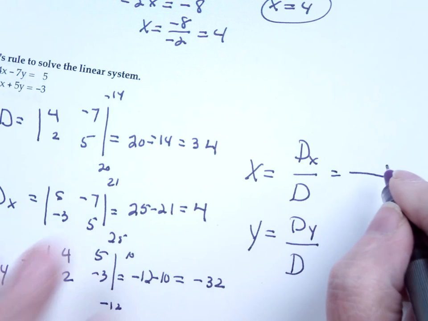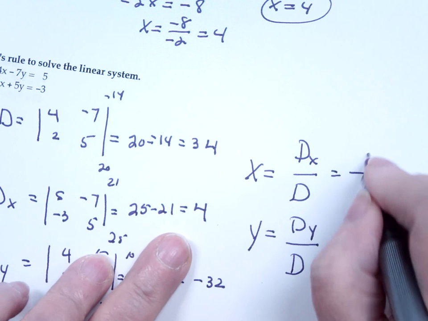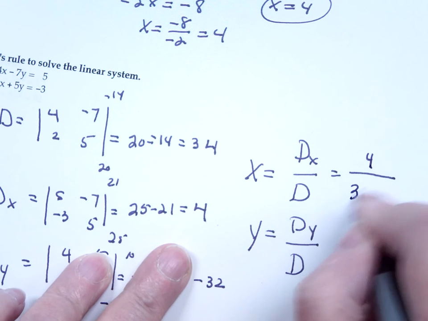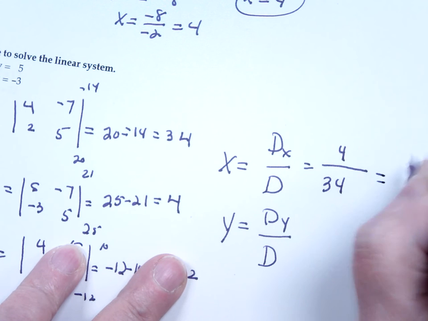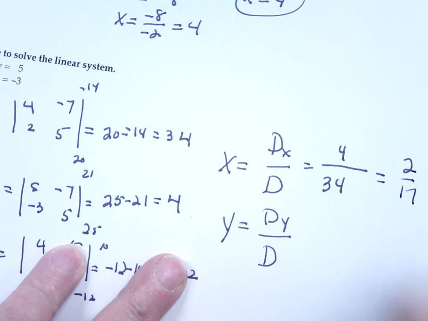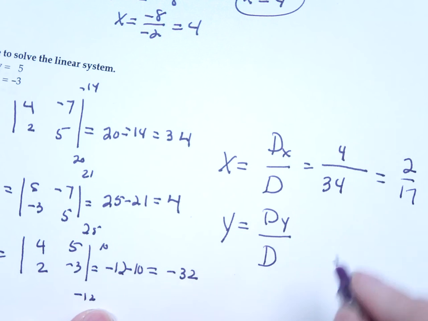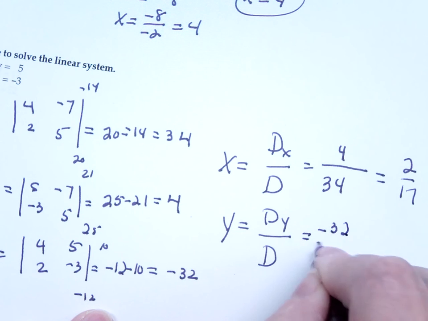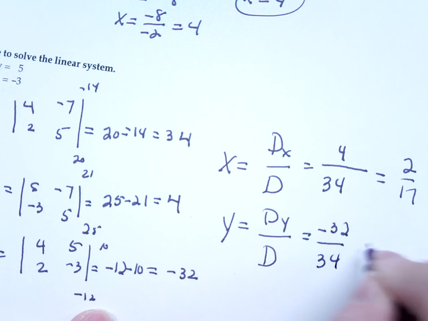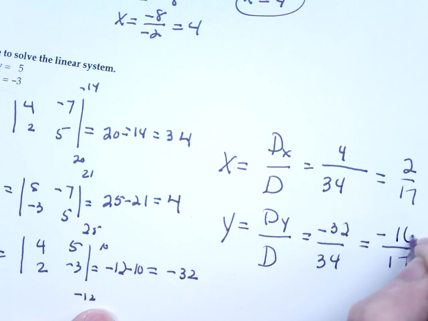X is 4 divided by 34. That's a perfectly good answer. You'll see it's 2 over 17. And y is negative 32 over 34, which is negative 16 over 17. Is that right?